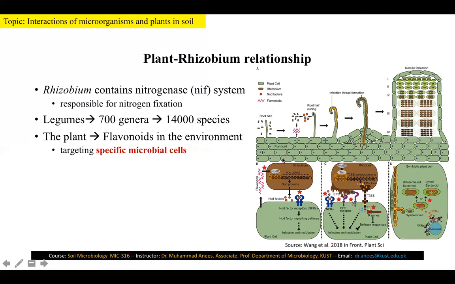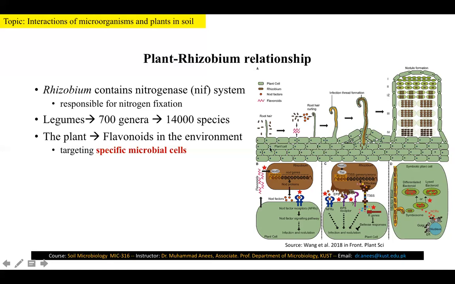Here you see, these are the plant cells, and this is the root here. So initially there is no relationship here at this spot, but rhizobium is present in close vicinity in the soil.